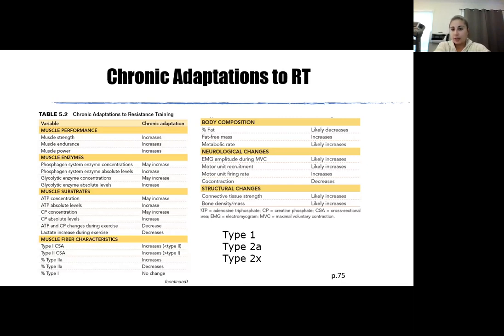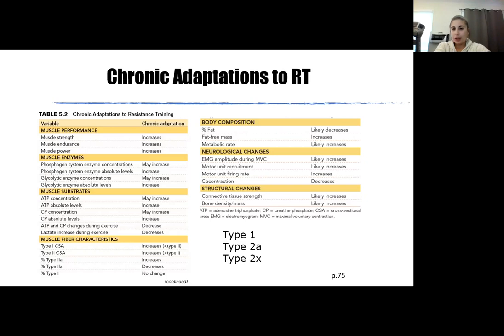So resistance training acts on those type 2 fibers, and we can actually convert type 2X to type 2A. Type 1 fibers, not much change. That's more the adaptation to aerobic training, which we'll talk about later. So just understanding, and hopefully you remember that. If you have questions or need me to repeat it anytime, please let me know.